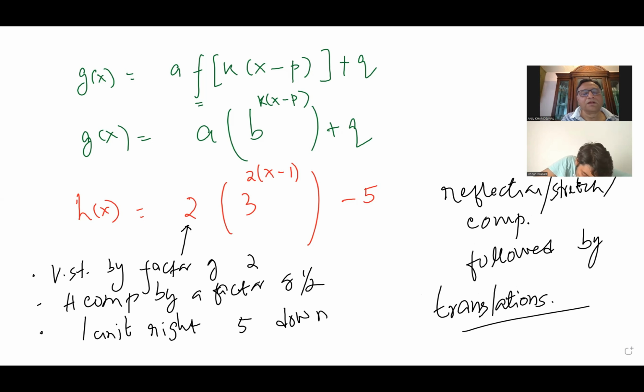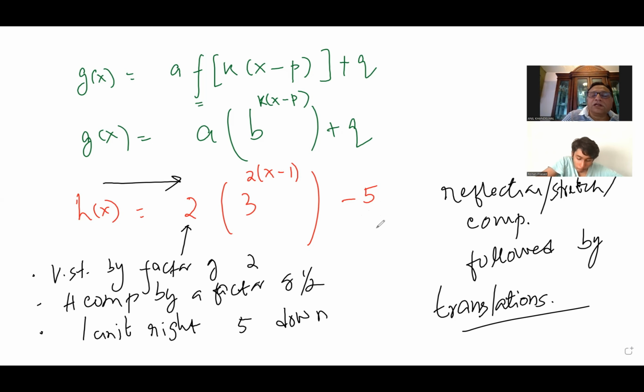Clear? So as I have written, you could actually go from left to right: vertically stretched by a factor of 2, horizontally compressed by a factor of half, translated 1 unit right, 5 units down. Is it okay? Okay, sir.